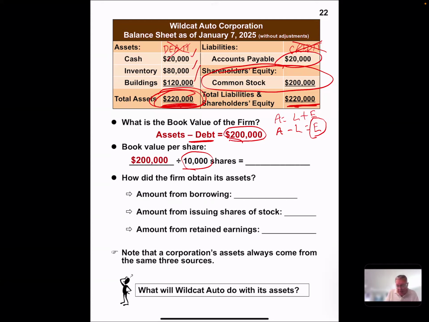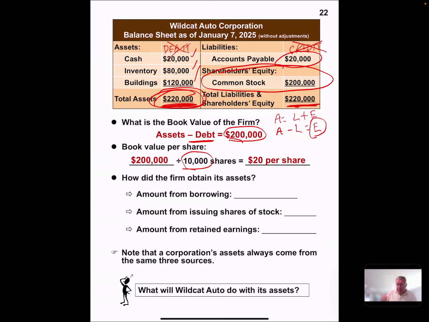So 200,000 divided by 10,000, and we get $20 per share. So that is the book value per share. It has nothing to do with the market value, what the stock is currently selling for. That's the market value per share. This is the book value per share.